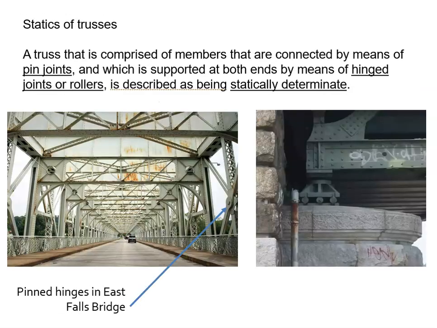Okay, the statics of trusses. The formulas, the math that determines that these things are stable, in fact. A truss is comprised of members that are all connected by means of pin joints, and which is supported at both ends by hinged joints or rollers. It is described as being statically determinate.